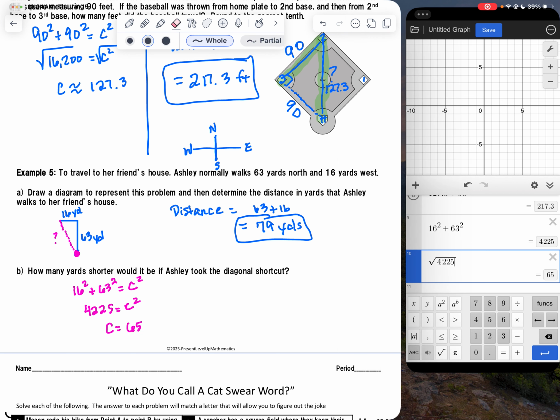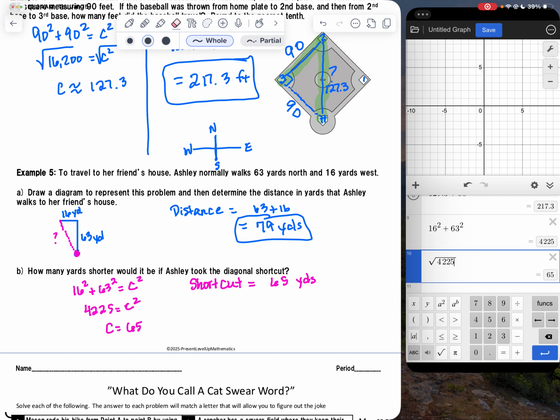So I know that the shortcut is equal to 65 yards. Now, look carefully at the question. The question did not say what is the distance of the shortcut. The question said how many yards shorter would it be if she took the shortcut.